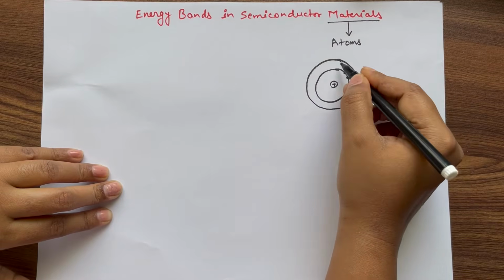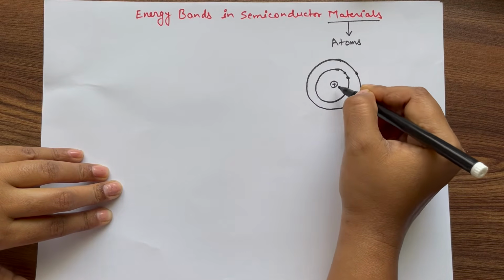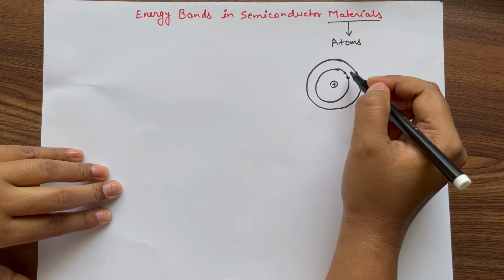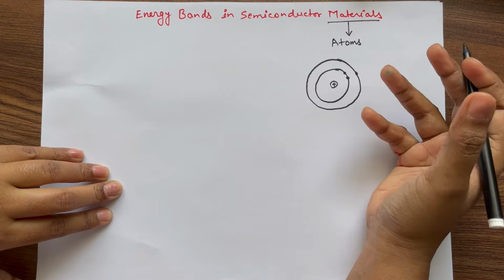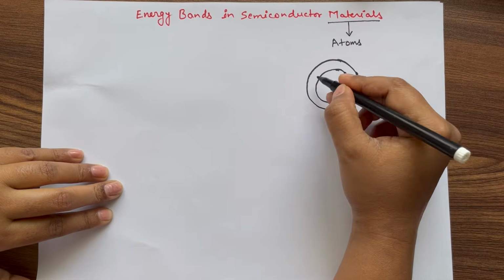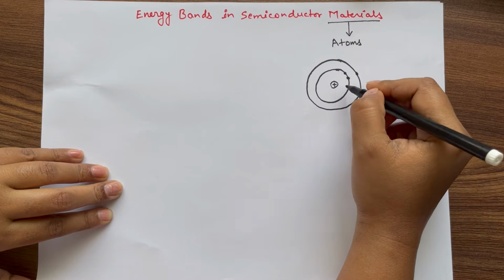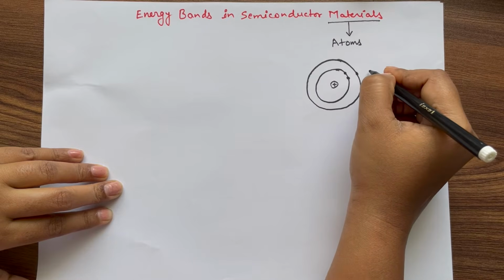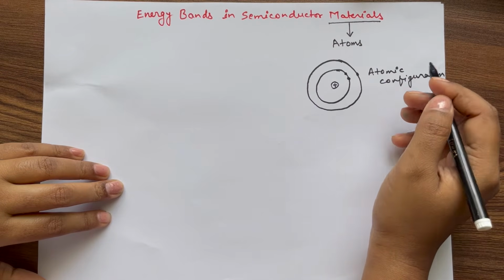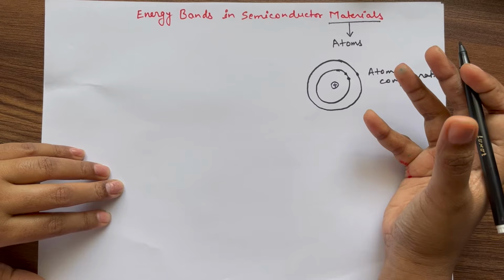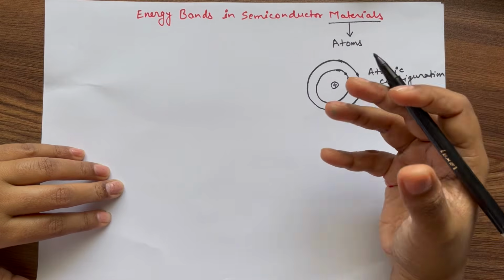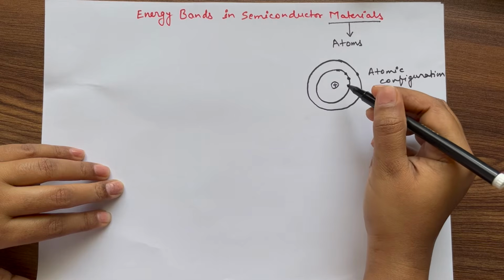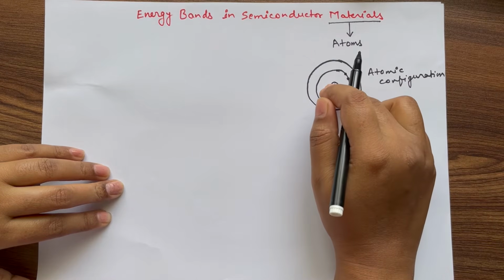The distribution of the electrons surrounding the nucleus, or the distribution of the electrons in an atom, decides the chemical property of the element, and this distribution can be represented by the atomic configuration. This atomic configuration is a fundamental concept in physics and chemistry, explaining how the electrons are distributed in different energy levels and subshells around the nucleus.